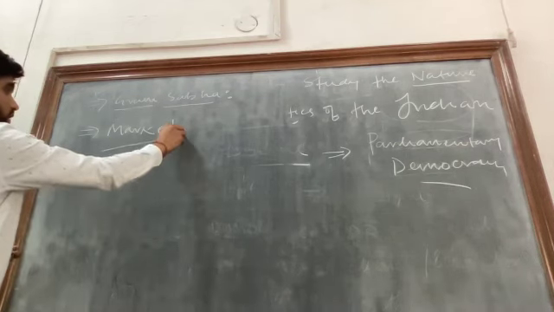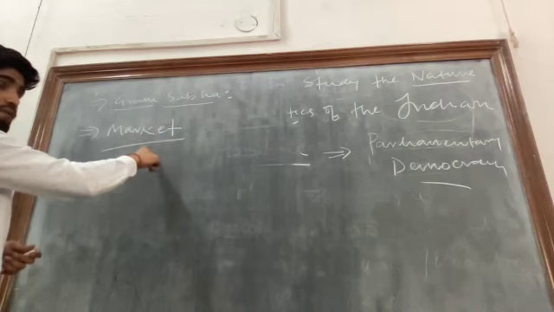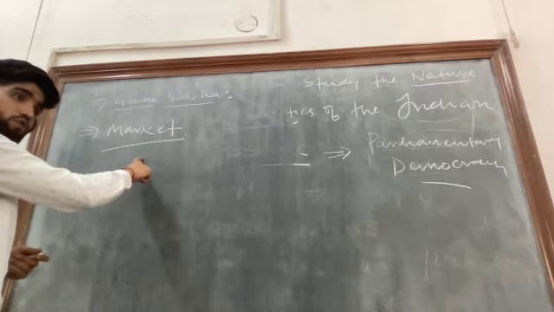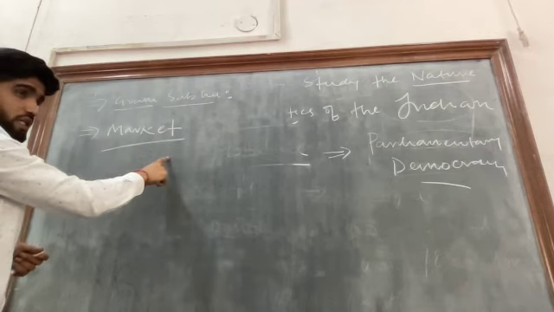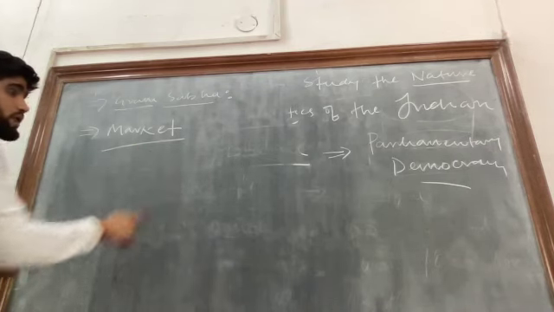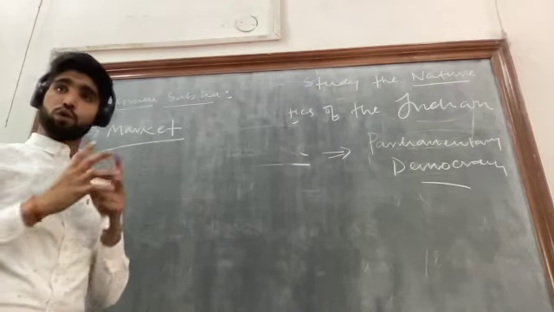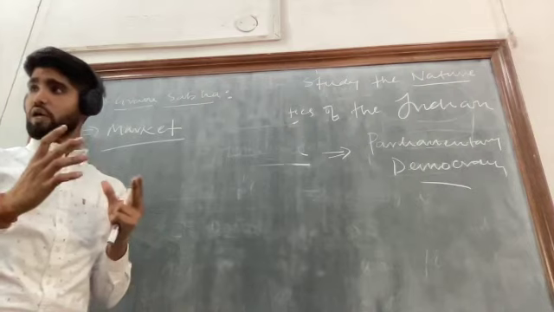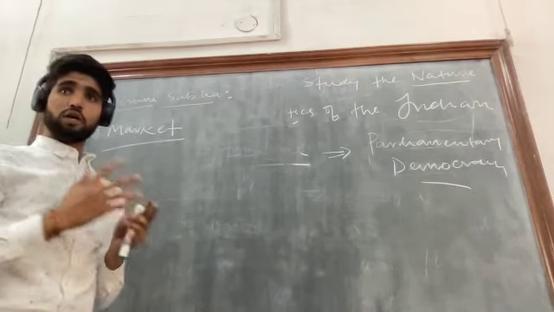Here, market is thought to be instrumental in doing away with the feudal organization of society. Market is also considered an instrument of modernity, and thus, even if you look at the Marxist approach, by the way, liberal and Marxist approaches, they both go together.